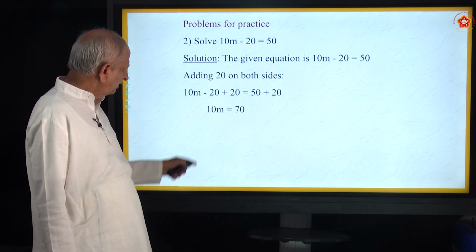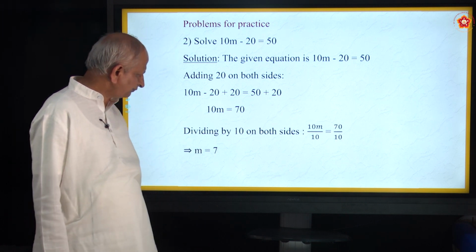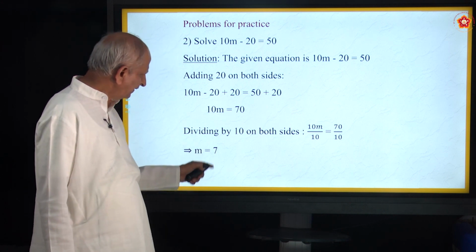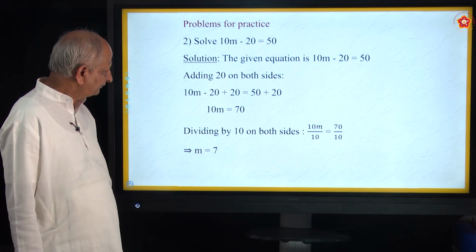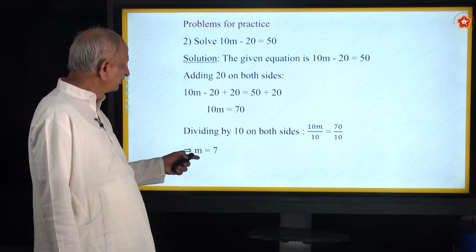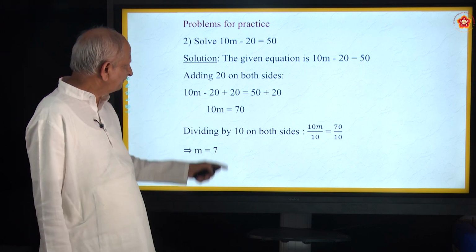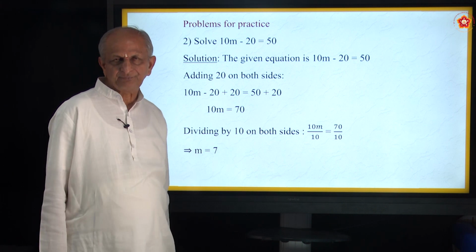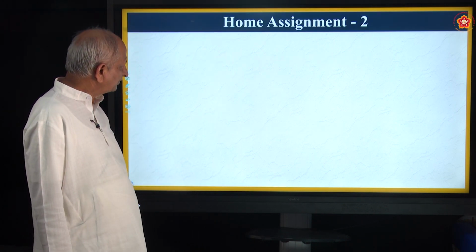So, you have 10m equals 70, so 10m by 10 is 70 by 10, m becomes 7. So, the value of m will be 7. For m equal to 7, the equation holds good. For example, if I write 7 here, 10 into 7, 70 minus 20 is equal to 50, correct? So, that is the answer.